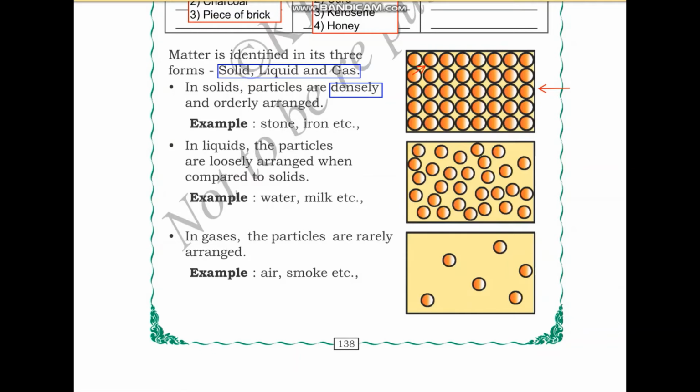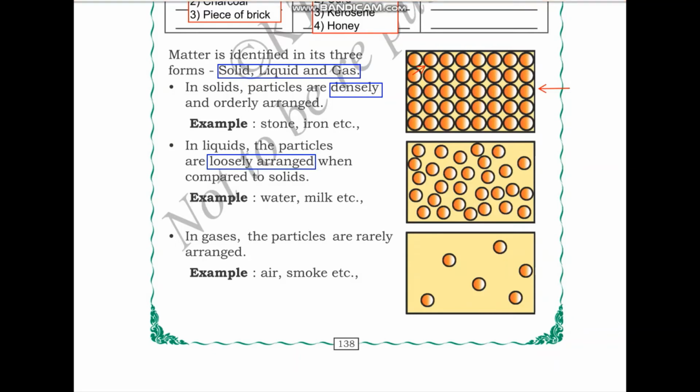The examples for solids are stones, iron, etc. So any hard particles are solids. Next, in liquids, particles are loosely arranged compared to solids. So when compared to solids, the liquid particles are loosely arranged.